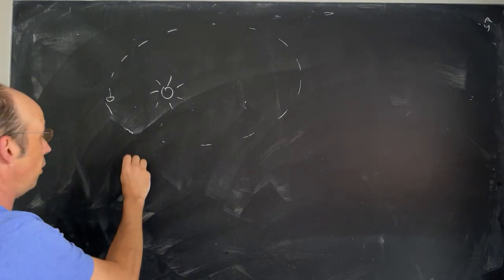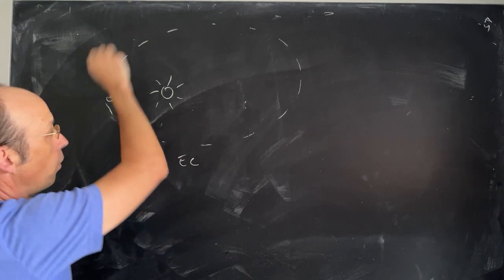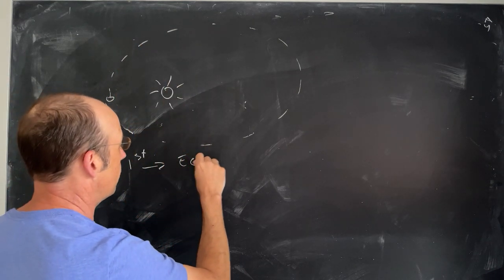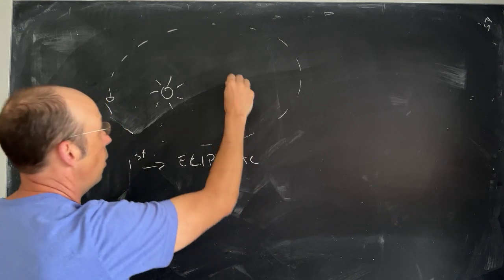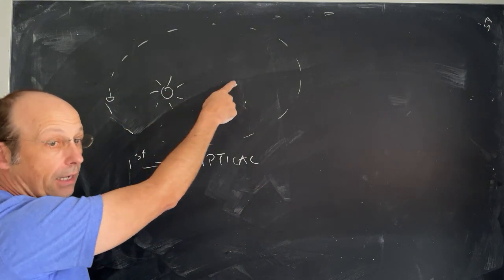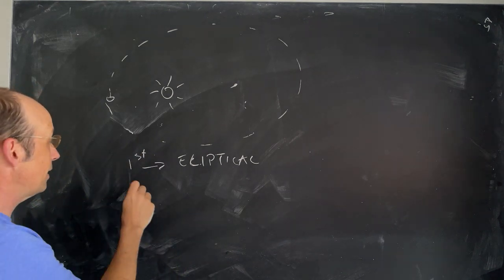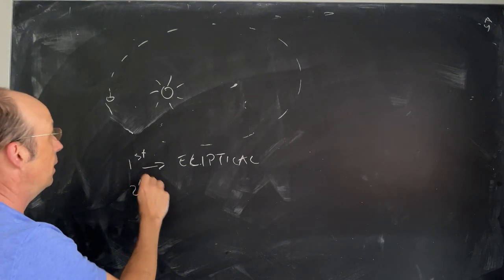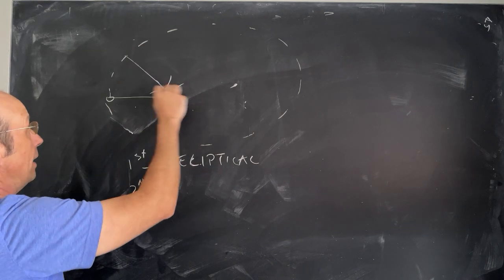And then the first law says objects orbit the sun in elliptical orbits, where the sun is at one focus and there's just nothing else over there. So that's the first law. The second law says that as things move closer to the sun, they go faster.